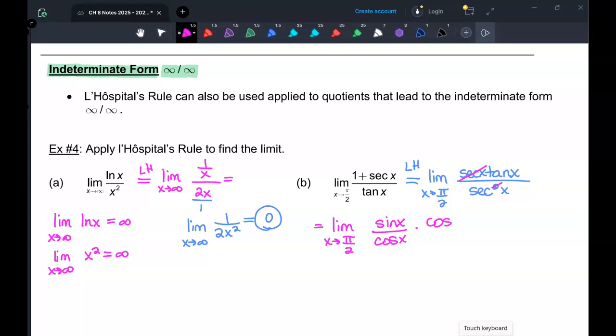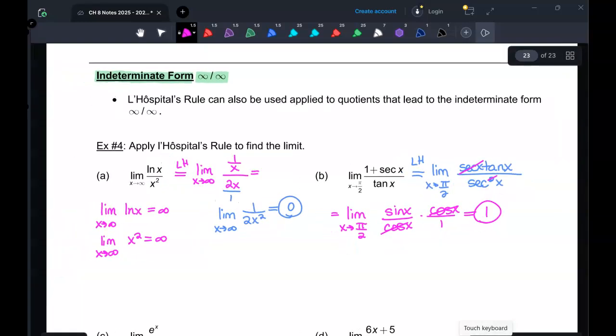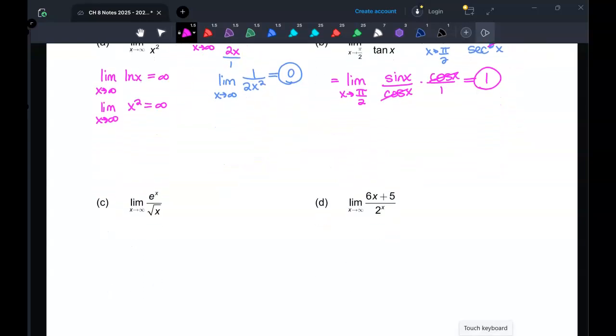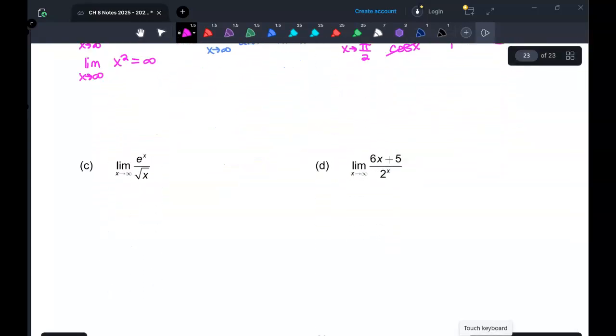So I can rewrite this as cosine x over 1. The cosines will cancel, and now we evaluate as x approaches pi over 2 of sine x gives us 1. So that was kind of a combination of L'Hopital's rule plus just rewriting it and using our trig identities.